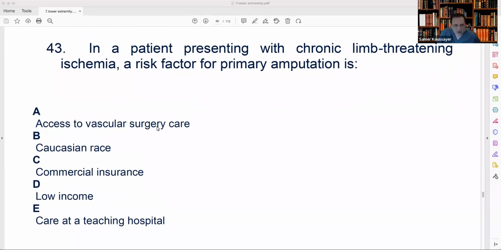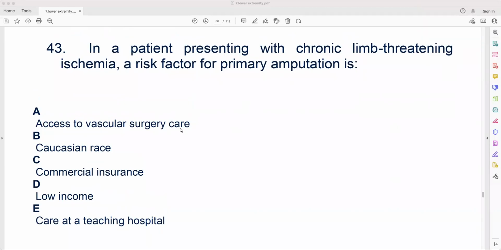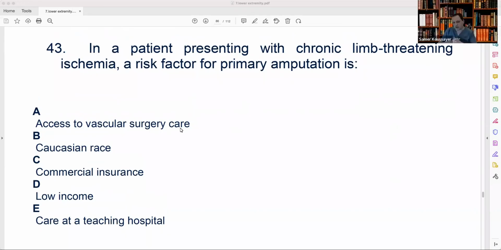So first, access to vascular surgery care is wrong, because if you have access, you must end with a bypass. The only time you have a high chance to end with amputation is when you are in a rural area without a vascular surgeon, correct? So this is wrong. Caucasian race, all of them, we know that for some reason African Americans have a higher chance of amputation than white, Caucasian race.